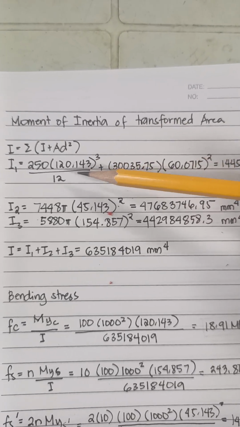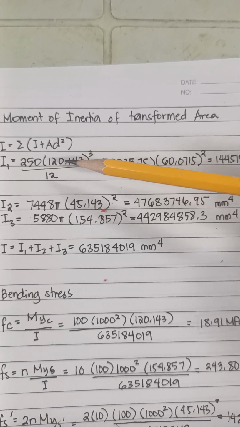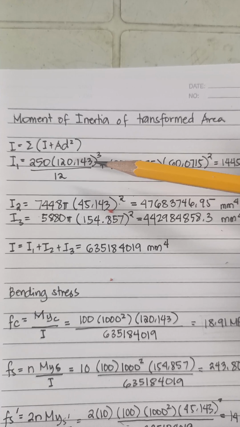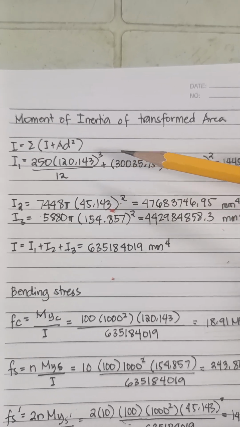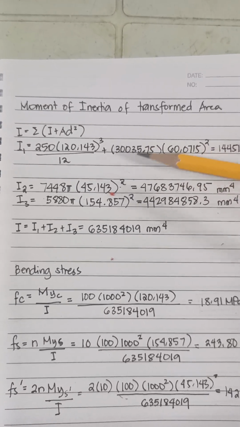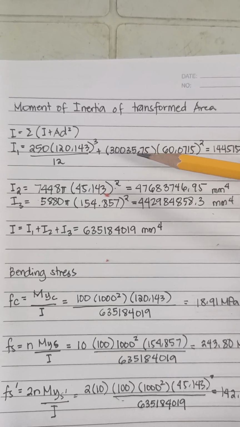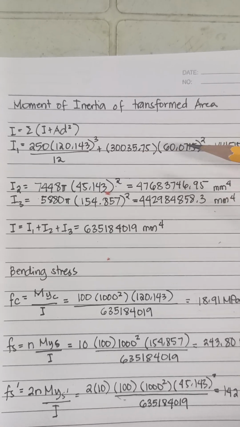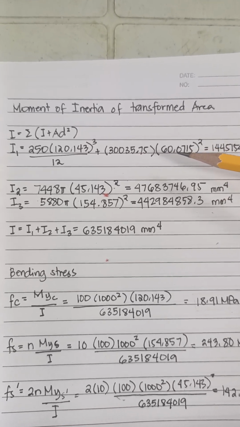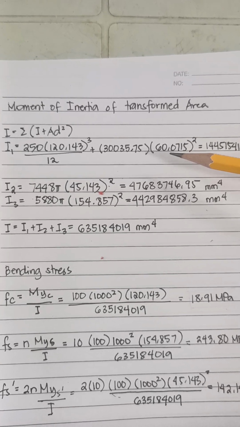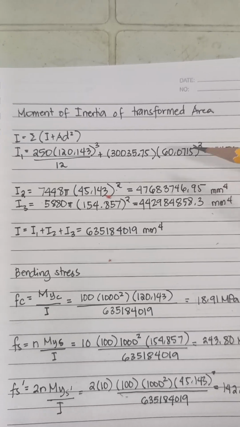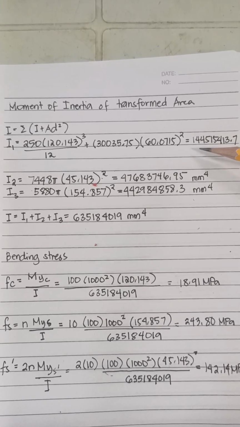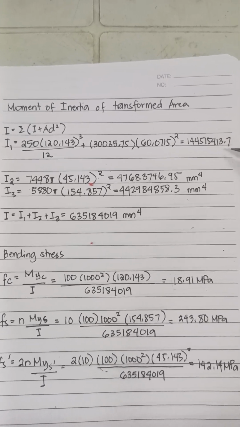For I1, we have base 250 times height, which is x, 120.143 cubed over 12, plus the area of that concrete, 250 times 120.143, times x over 2, which is 60.0715, squared. So we will have the moment of inertia of that concrete.